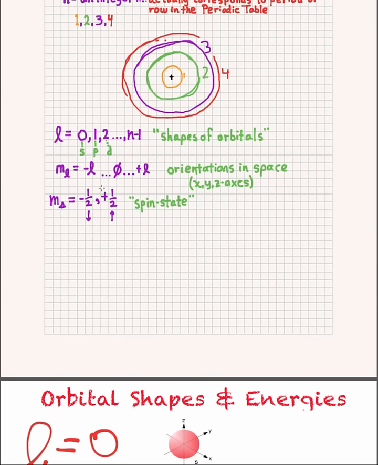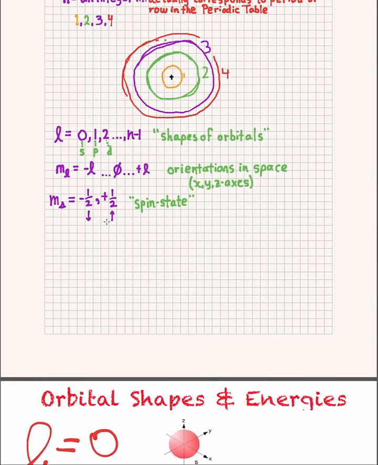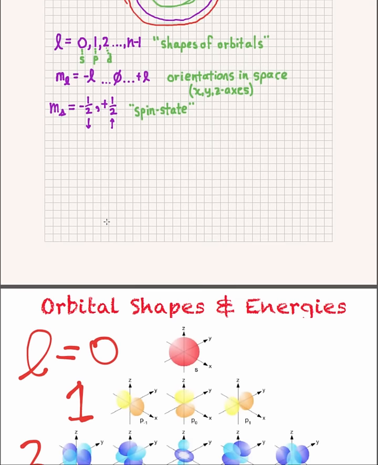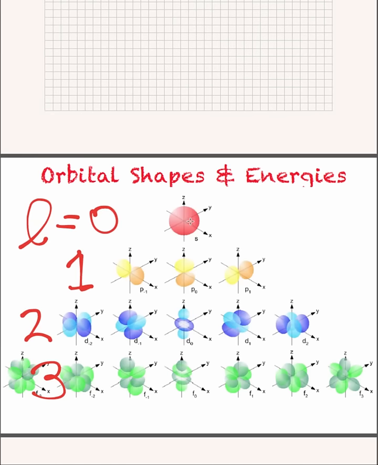More about that later, but we want to worry also about another number called the m sub l number. It's kind of an orientation number. How are these orbitals oriented in space? So level 1 is super simple. All it has is n equals 1, only has this spherical orbital. If n equals 1, then l can be 0.